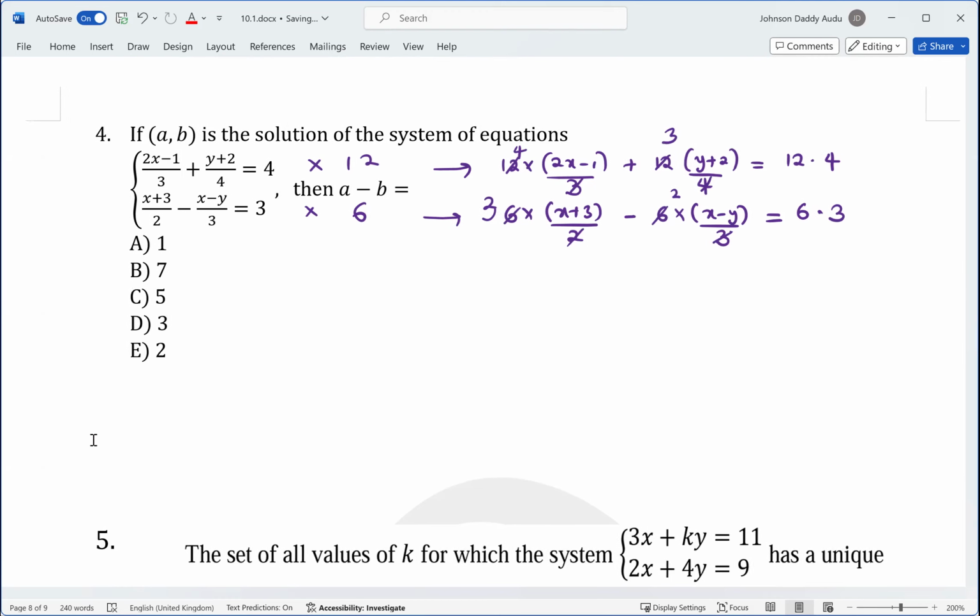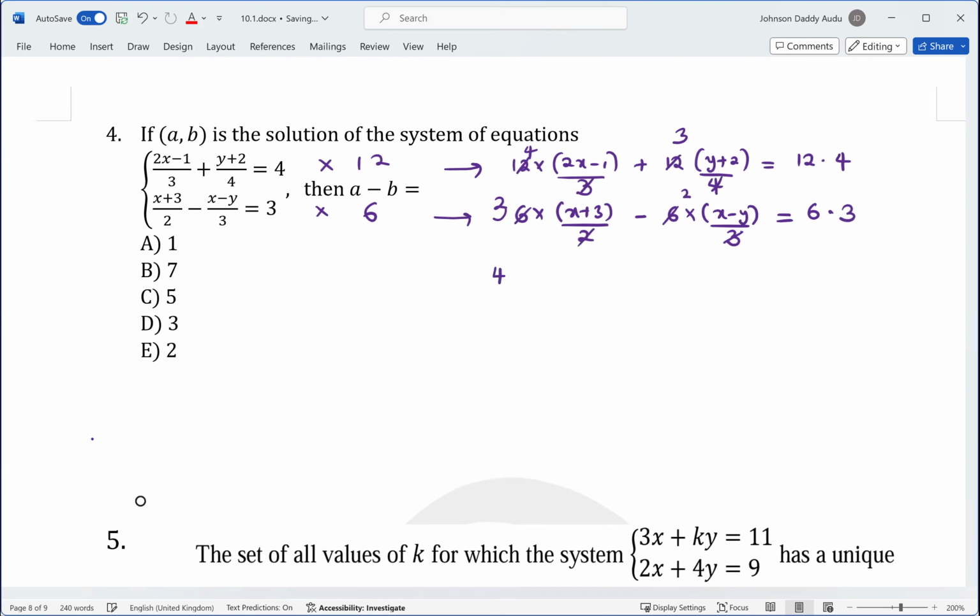So here it will become 4 times (2x minus 1) plus 3 times (y plus 2), and everything is going to be 48. While here, you will have 3 times (x plus 3) minus 2 times (x minus y), and this is equal to 18.